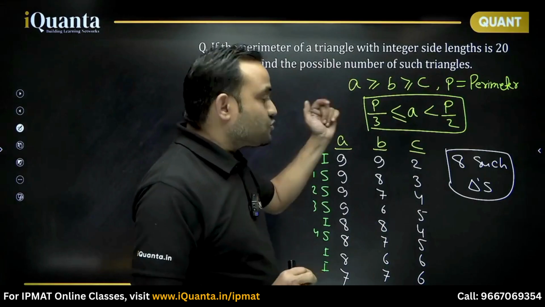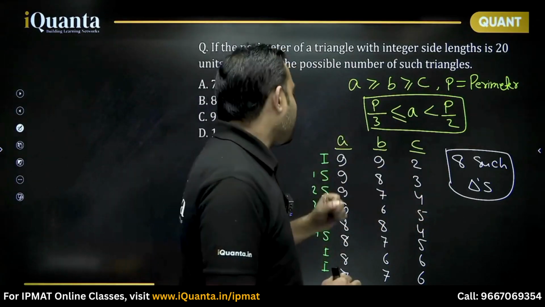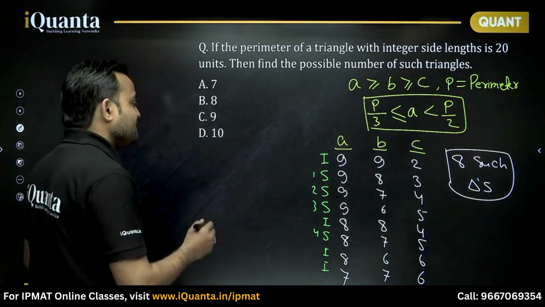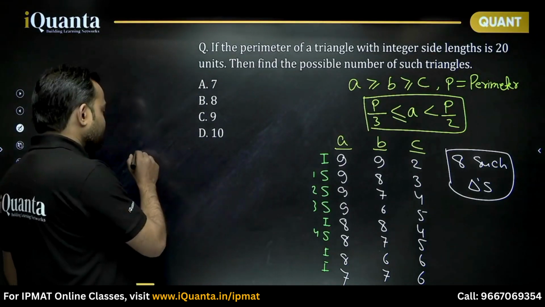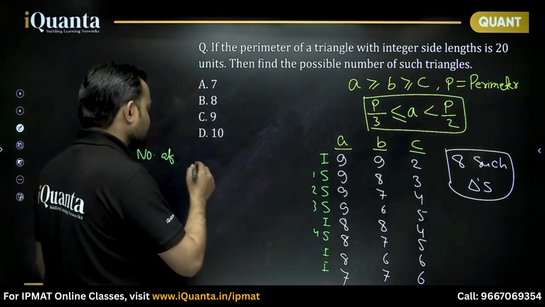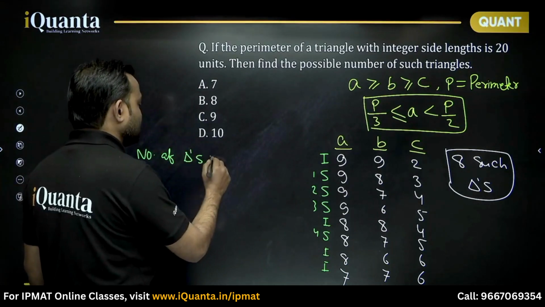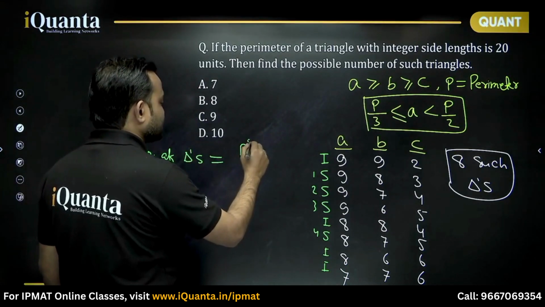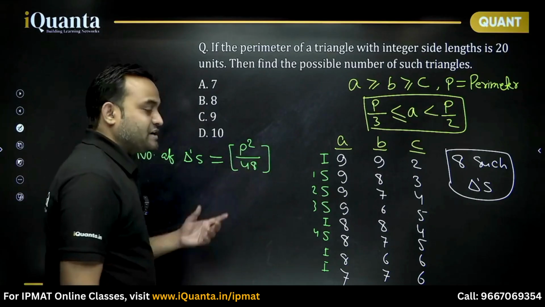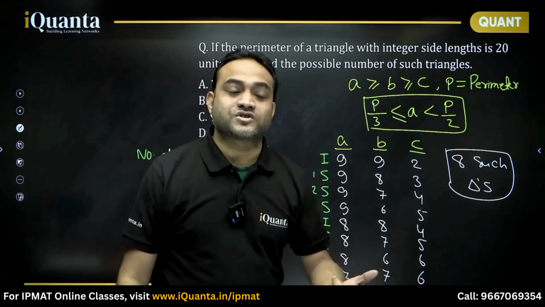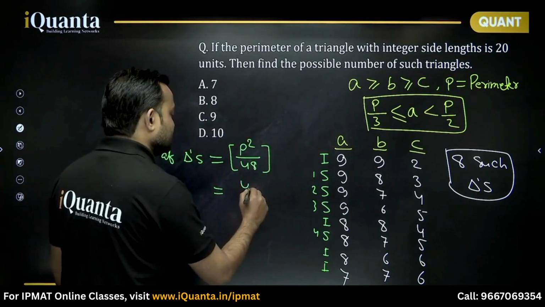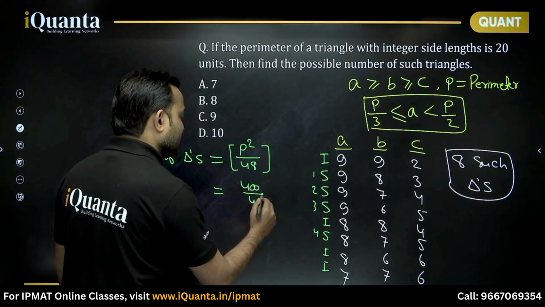Okay, to solve such questions we can also use a direct formula. And what is that formula? The perimeter is P, and if P is even, then the number of triangles will be the nearest integer of P square upon 48, where this box denotes the nearest integer. If you put P equal to 20, this will become 400 by 48.